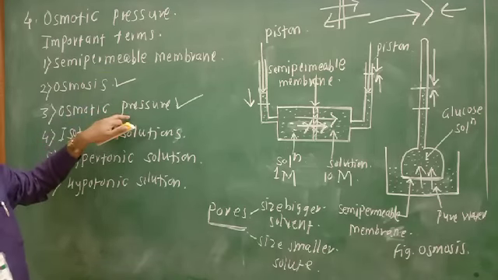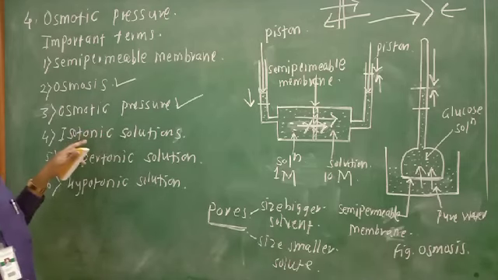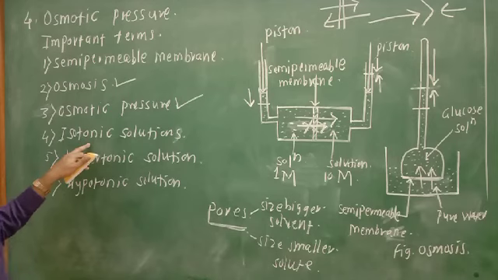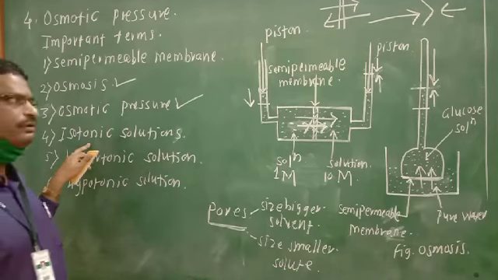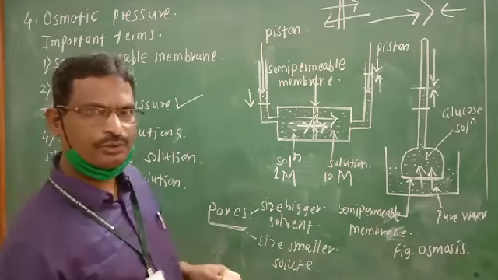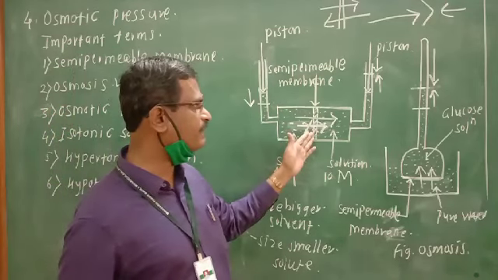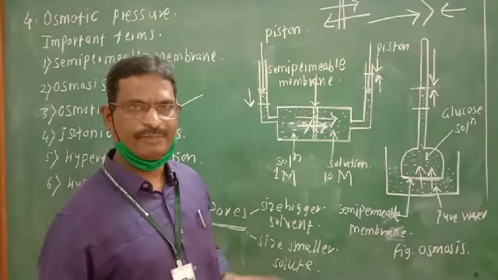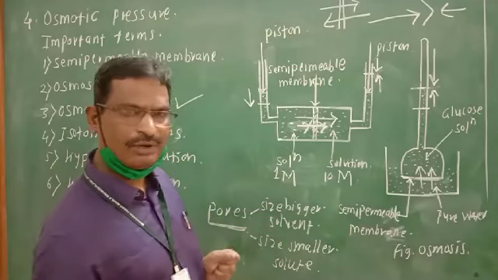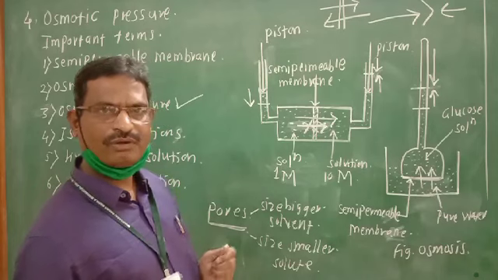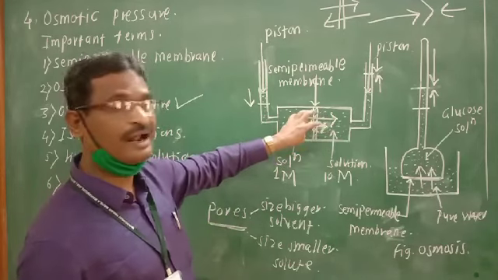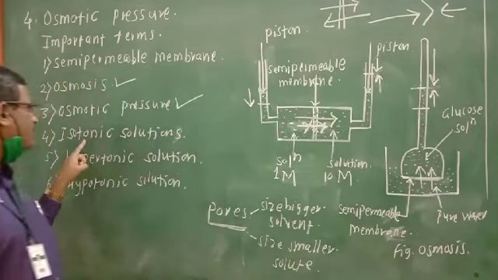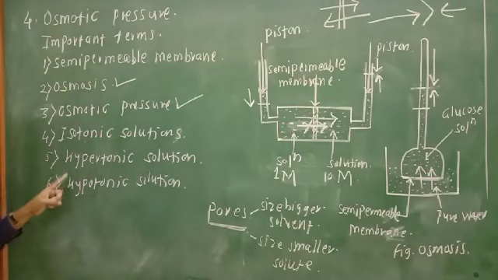These are the three important basic terms in osmosis. Now, depending on the movement of solvent through a semi-permeable membrane from one compartment to the other, there are three types of solutions: isotonic solutions, hypertonic solutions, and hypotonic solutions.